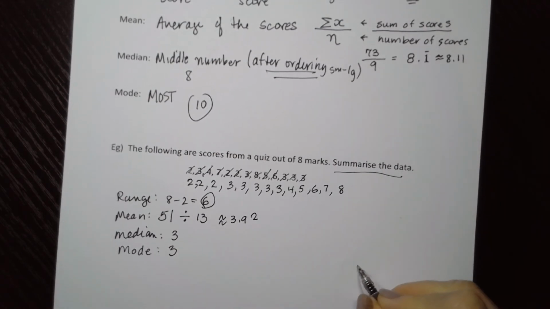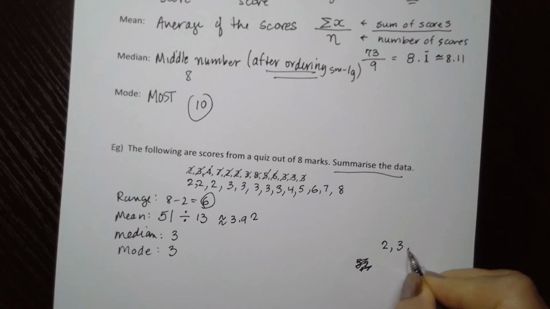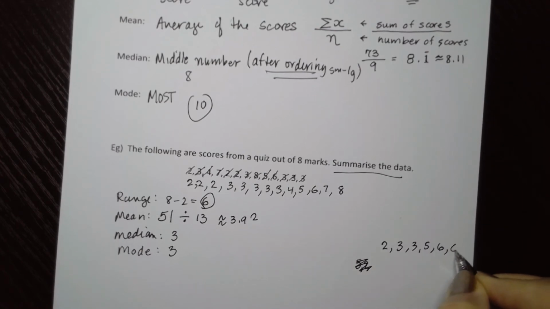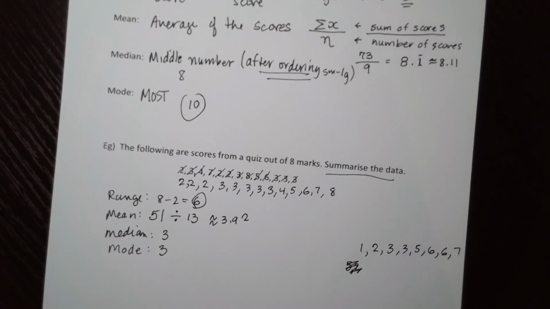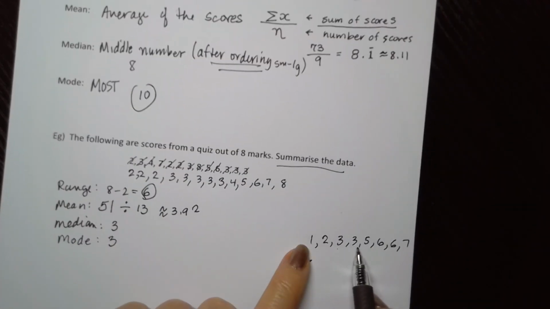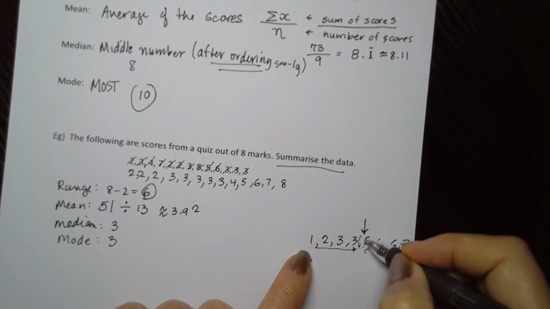If I had an even number of data, like 2, 3, 3, 5, 6, 6, 7, 1, 2, 3, 4, 5, 6, 7. Better put another 1 there. Okay, if I had that and I needed to find the middle, there's 8 data points. So if I go in 4 on this side and 4 on this side, there's nothing in the middle. And there's no number here.